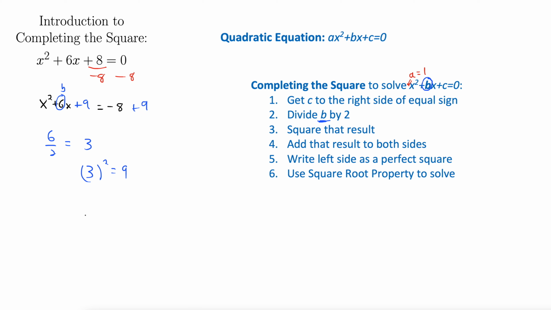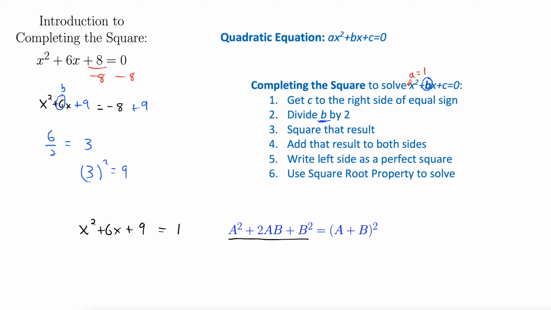Okay, so let's rewrite what we have here. X squared plus 6x plus 9 equals 1. The next step here, step 5, says write the left side as a perfect square. When you use this method, the left side will have made a perfect square trinomial, such as this, which always can be written as a plus b quantity squared, or a minus b quantity squared.